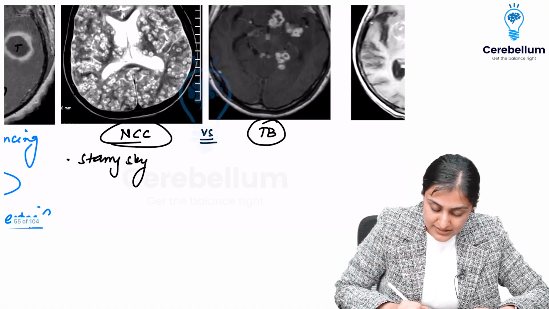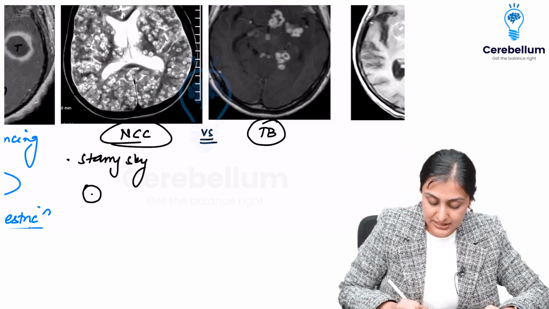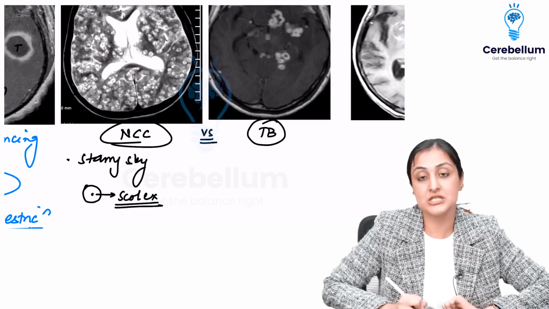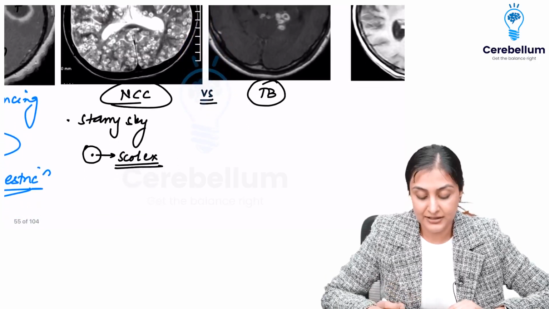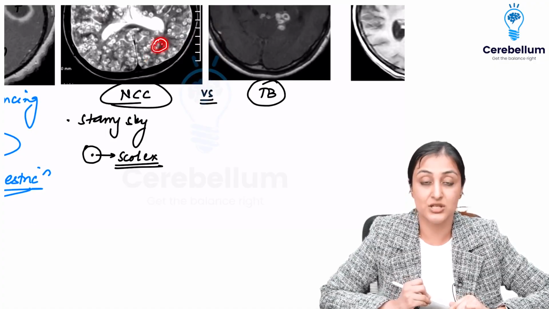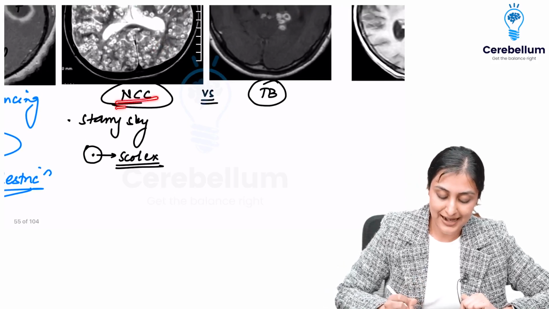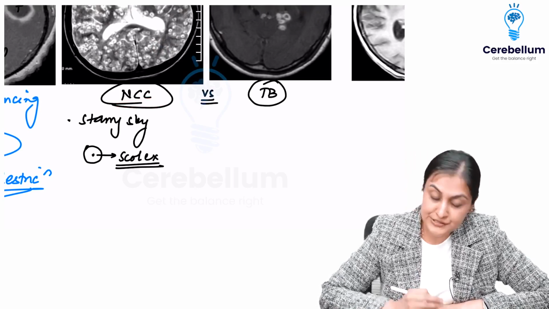So what is the hallmark is that there is going to be a lesion which is cystic, and this dot here is the hallmark which represents the central scolex. So when you have either a T2 weighted image or a contrast enhanced image with a central eccentric dot, that is a scolex, and that represents the diagnosis of neurocysticercosis.